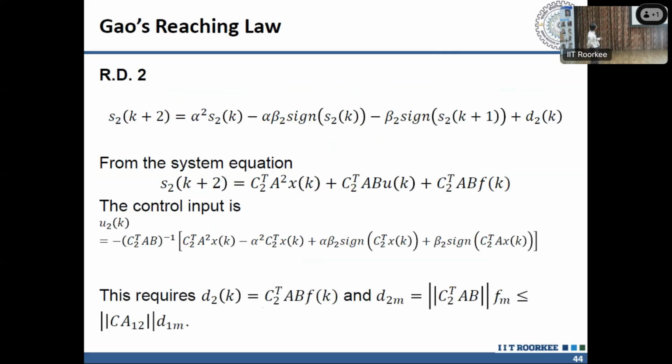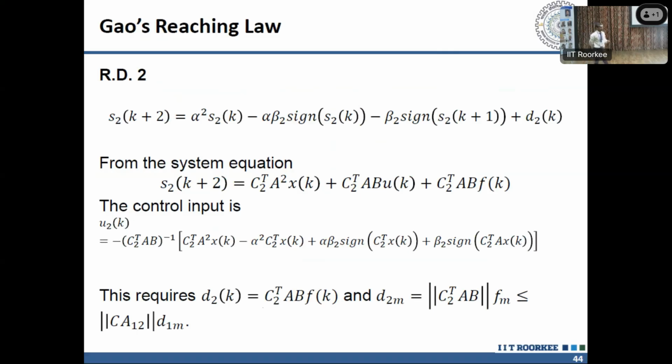The control is calculated, but the main thing is that to calculate this control, this is the D2K that I should have. If I have this as D2K, what is my D2M? The maximum value or the bound of the uncertainty is this, and this again I can write as less than or equal to CK1 D1.